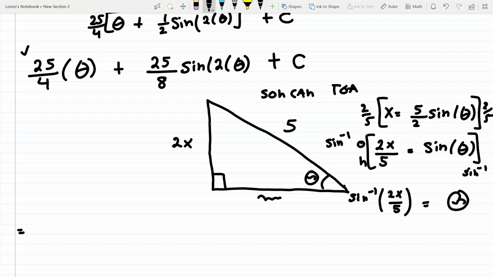So our final answer is going to be 25 over 4 times theta, which we said was sin inverse of 2x over 5.